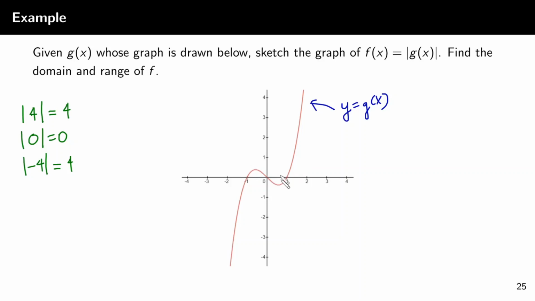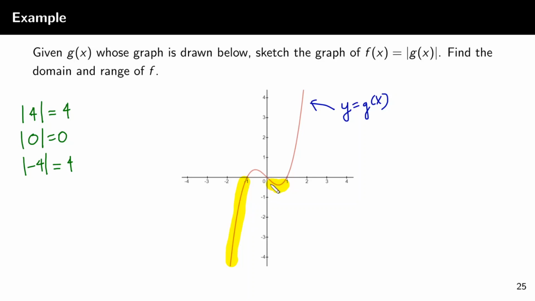Well, ang mangyayari, yung parts ng graph where the value of y is negative, saan yun? Ito. Okay, so ito, negative yung value ng y dyan. Ito rin, negative yung value ng y.